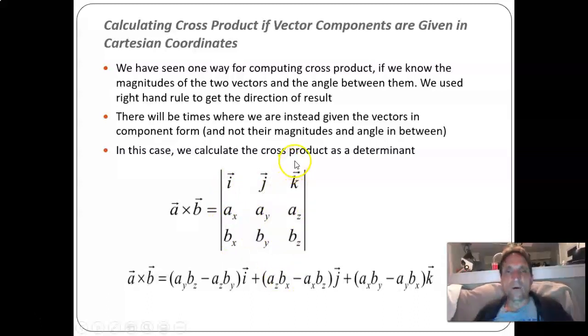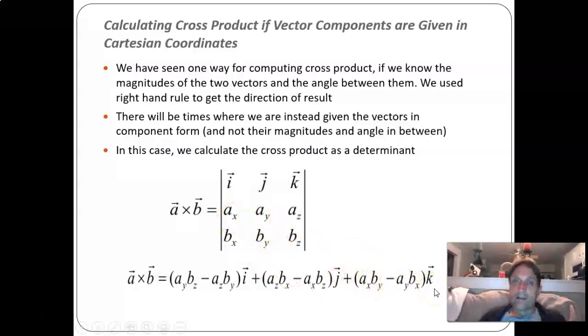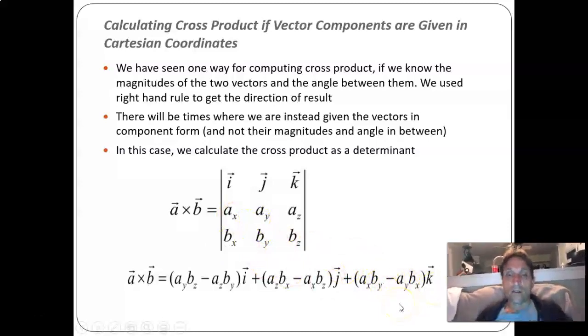Then for the K component, we cross out the column in the row K is in, so we cross out column 3, we cross out row 1, and we take the diagonal, it's AX times BY minus AY times BX. And if that was a little difficult, if you haven't taken linear algebra and haven't done determinants, just write this formula down and use it on the cheat sheet for your exam and your homework.